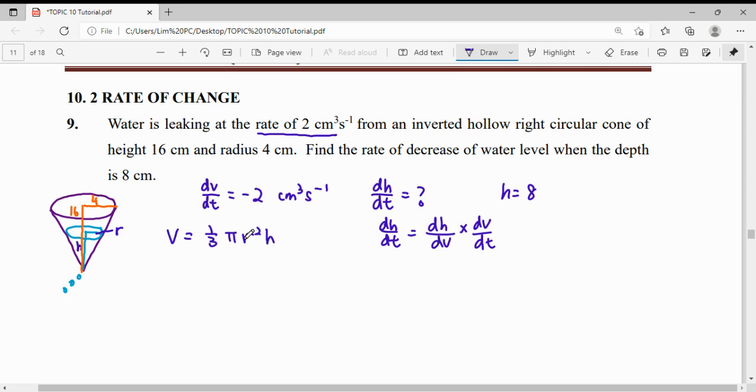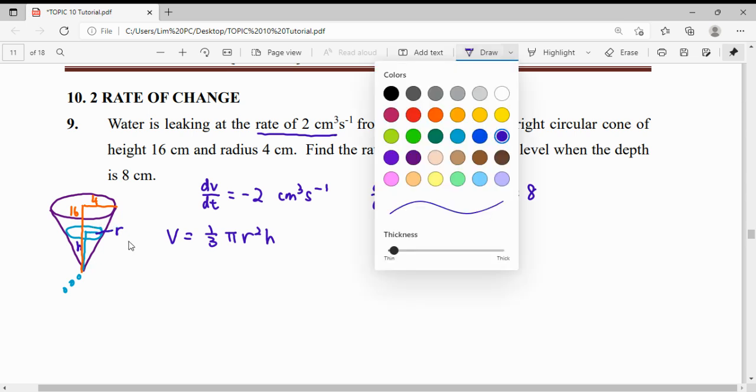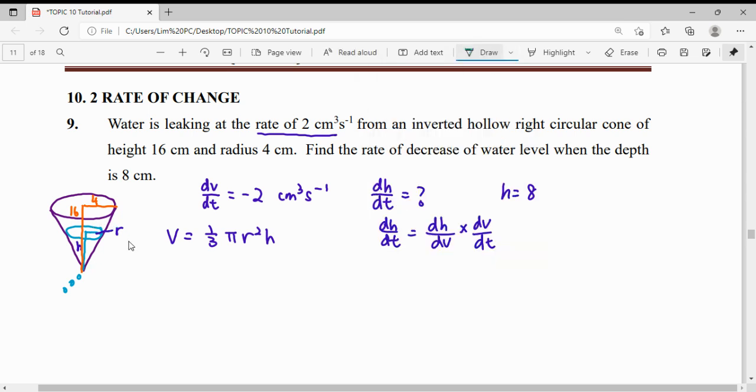So how do we relate our variables r and h? From our diagram, we can see we have a similar triangle here. We can use the concept of similar triangles, where the triangle formed from our tank has radius 4 and height 16, and the triangle formed from our water has radius r and height h.